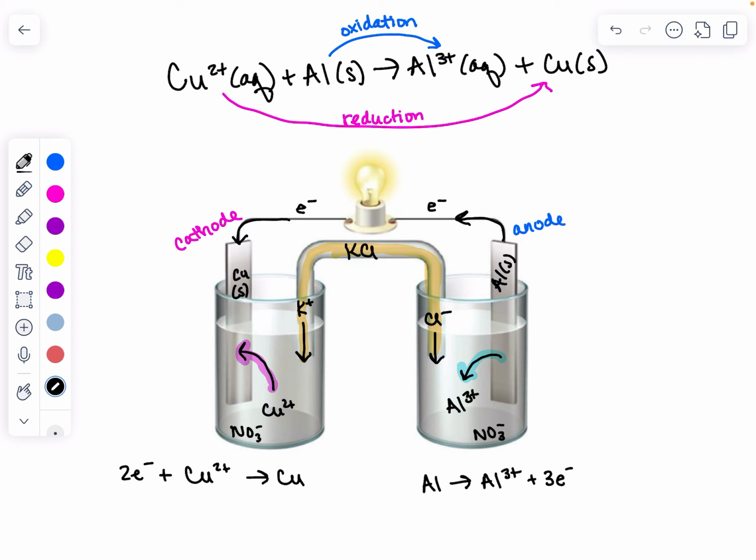Another way to think through the flow of ions through the salt bridge is to map it to that of the electrons. So we see our electrons here, they start at the anode and they flow through the light bulb and then into the cathode. And then we can think about the negative ions flowing through the salt bridge in this direction and all the way back into the anode beaker.